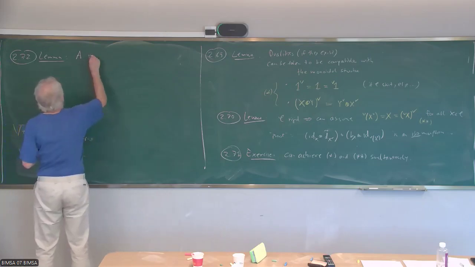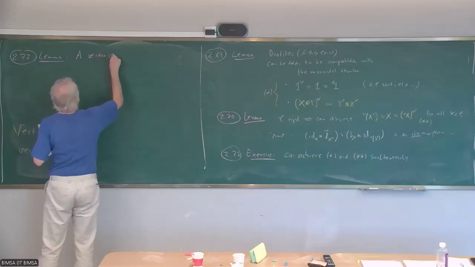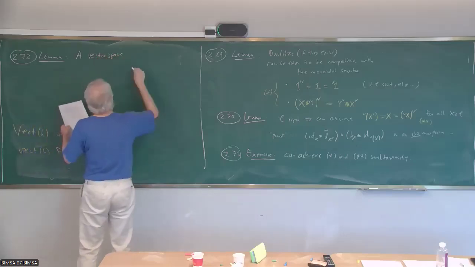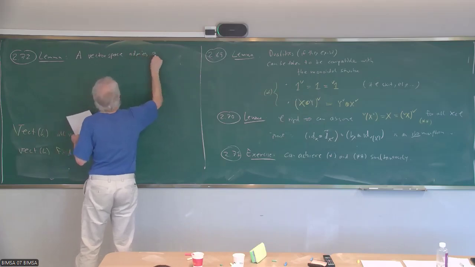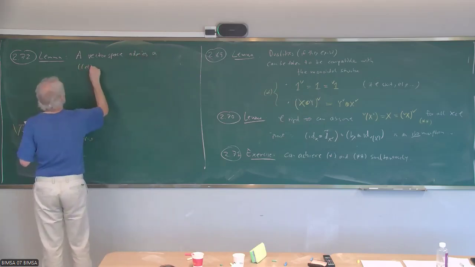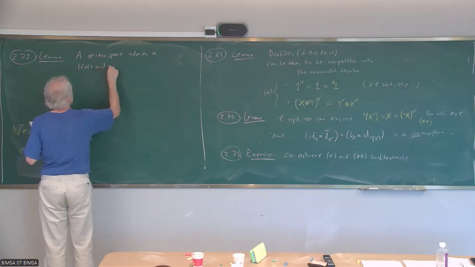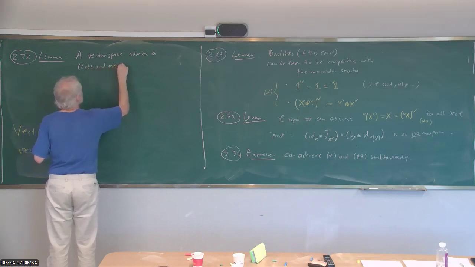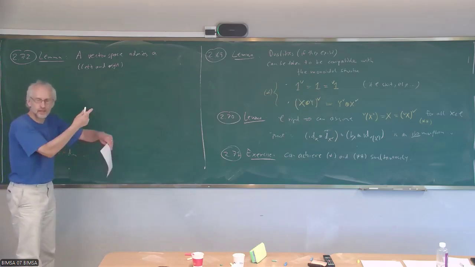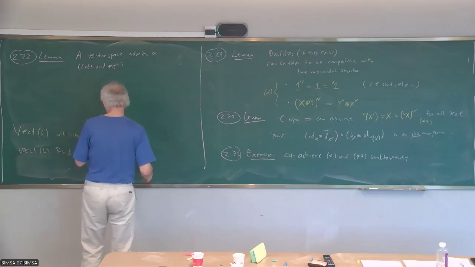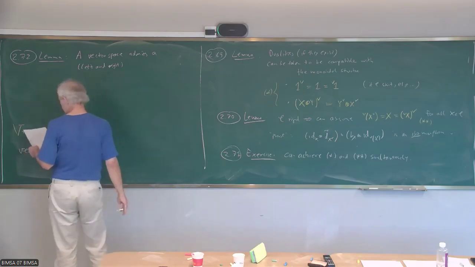A vector space admits a dual, and it's both left and right dual. Remember when I had this example about vector spaces, I had these d and d tildes, but they were essentially the same, except for convention on the ordering.